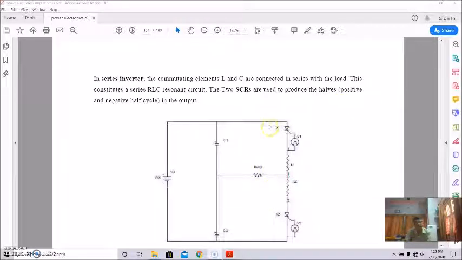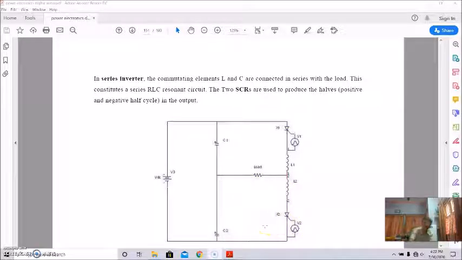Okay, so as I told you, L and C are connected in series with the load used as a commutating element. In both cases, this is thyristor 1, or ACR 1, and this is thyristor 2, or ACR 2. This L1, load and C1 is the commutating element for T1, and this L2, load and C2 is the commutating element for thyristor 2.